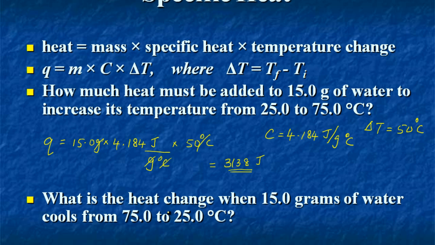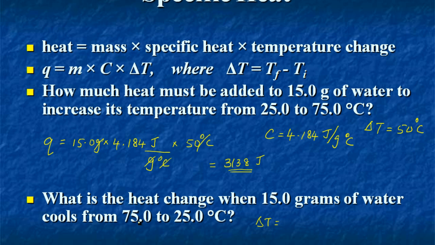Now, here the question is, what is the heat change when 15 grams of water cools from 75 to 25? Well, you can answer this logically also, but if you have to calculate, what would you do? What is the delta T here? What is the initial and final temperature?